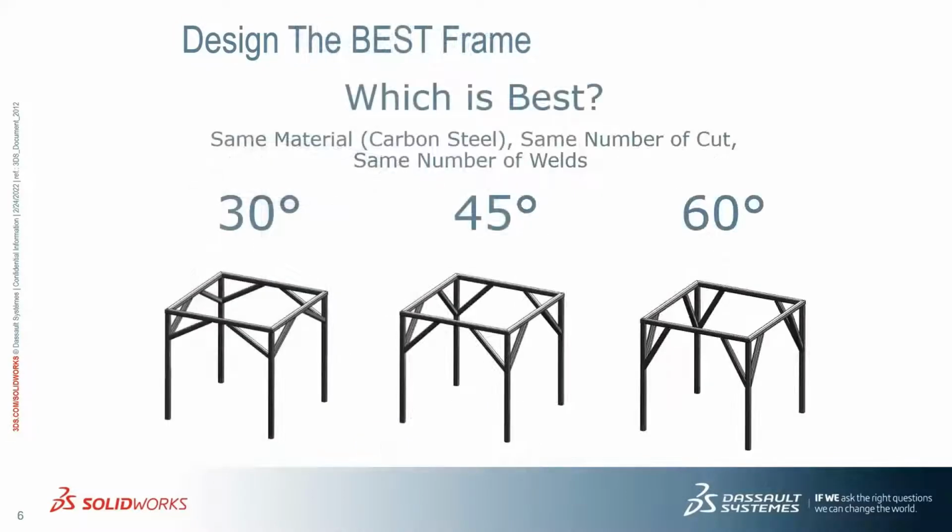For that, the designer has used carbon steel material with a 30 degree angle placing, a 45 degree angle placing, and a 60 degree placing. We need to know which one is best.